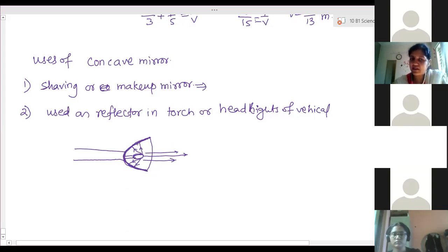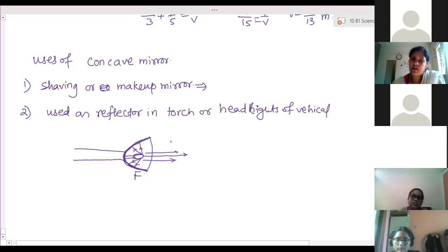The bulb inside the torch is always placed in such a way that it is at the focus. If the rays from the focus fall on the mirror, how do they get reflected? Parallel. So the rays will be reflected and become parallel.